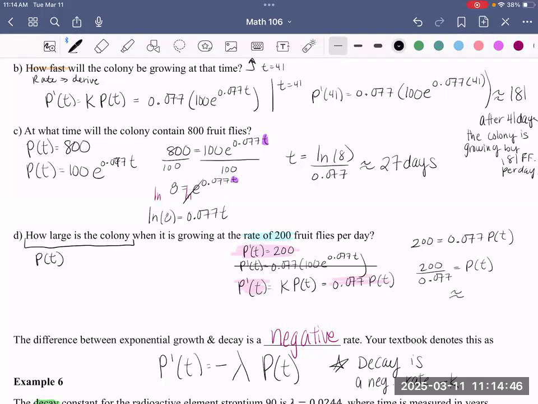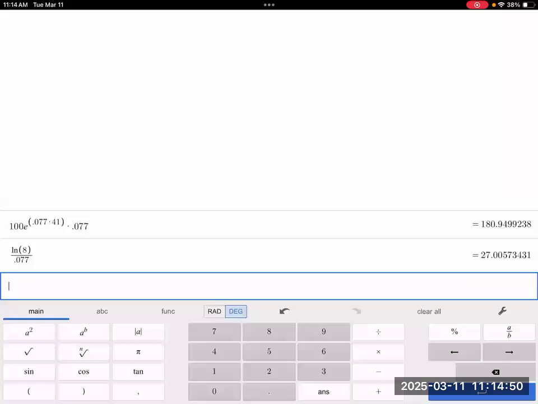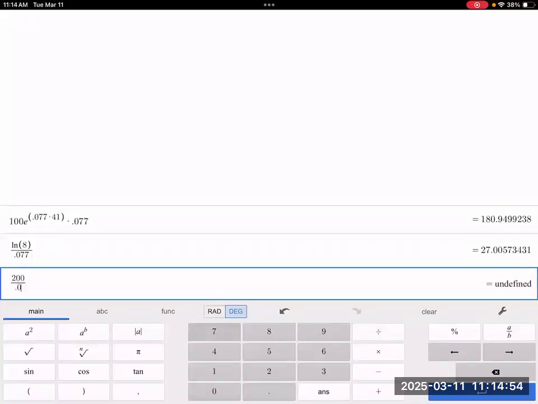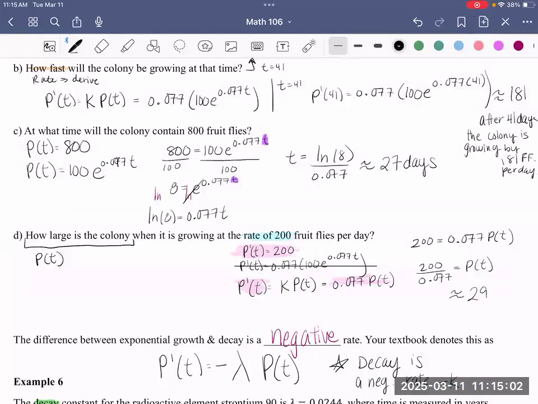So this is about, let's see, 200 divided by 0.077. So we have 25974.2957.4. So we'll just round that to fruit flies.